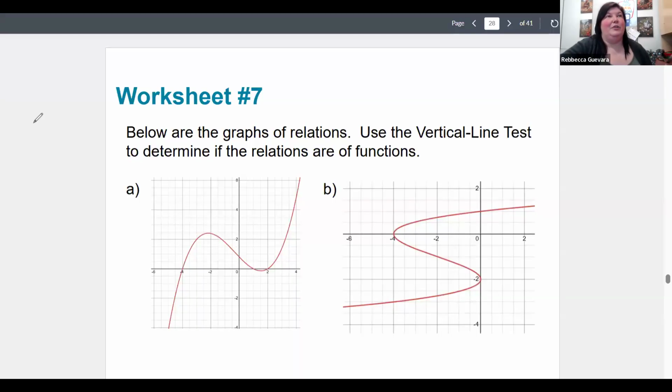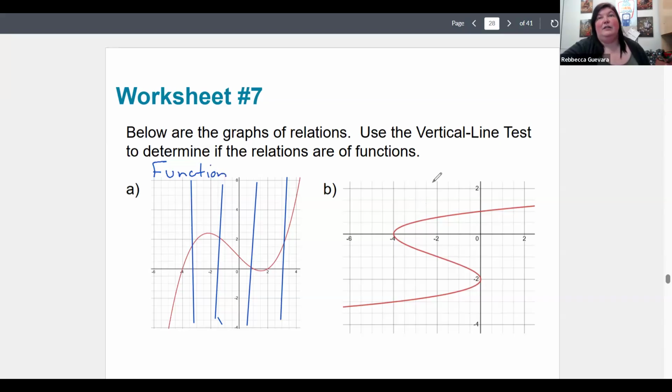So you probably very quickly noticed that I could draw every vertical line I could think of, and I'm only going to cross once. So we get a function. Here, I just have to worry about doing it one time. So let's say I picked x equals -2.